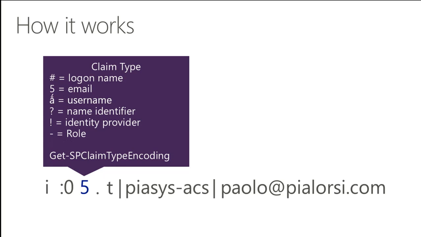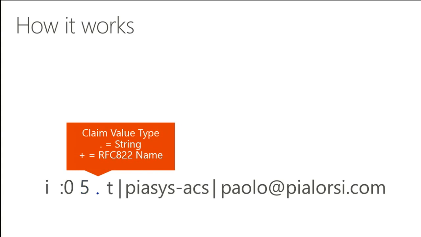And you can also register your own using the New-SPClaimTypeEncoding cmdlet. For instance, in this example, I have a 5, which means an email claim, okay? Then we have the claim value type. That could be a string, a point, like this one, or an RFC 822 name with a plus character.